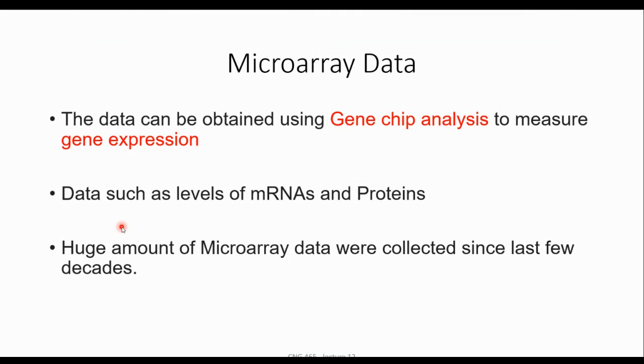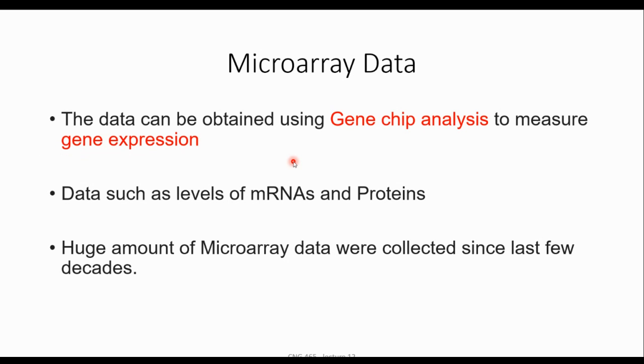Now, what are microarray data? The data can be obtained using gene chip analysis to measure gene expression. What do we mean by gene expression? It means how much of a protein can be synthesized using a specific gene.